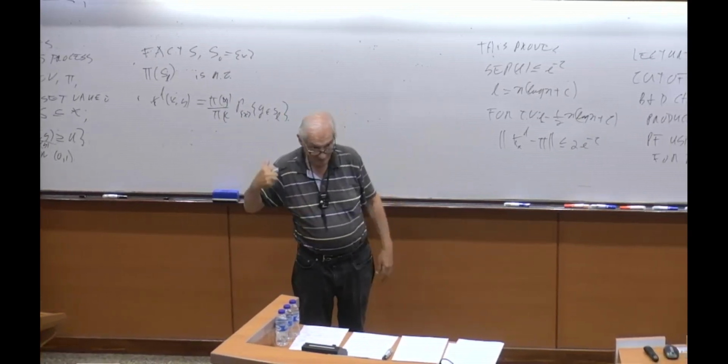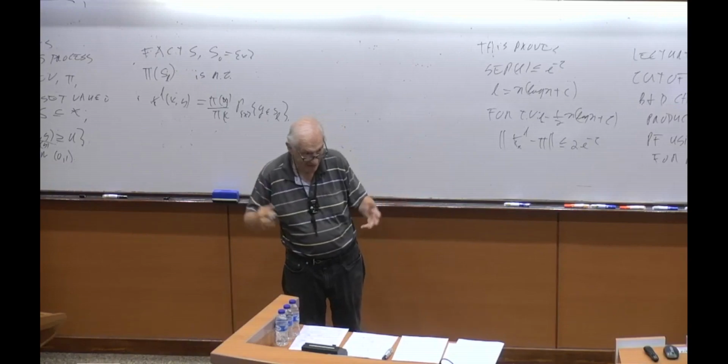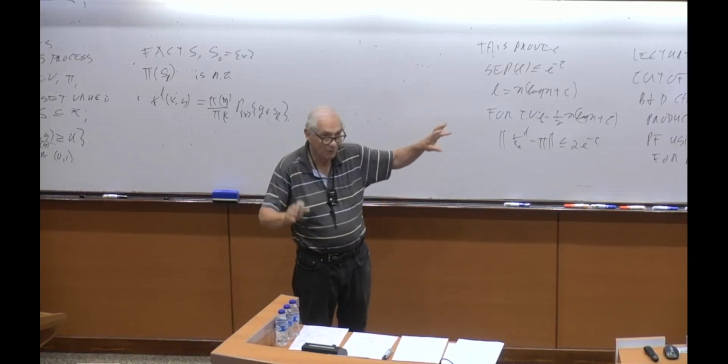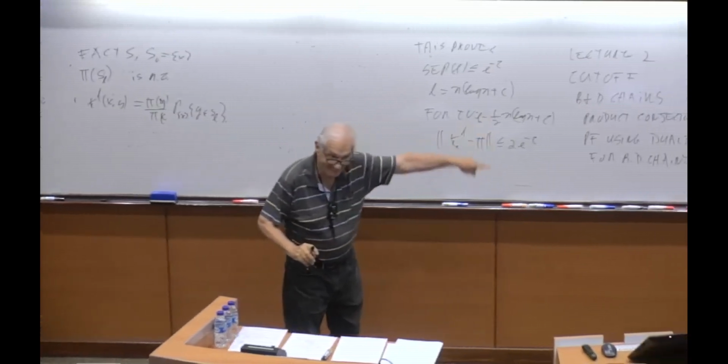I could do it to that construction, right? I could take the set valued dual, the set valued process, and I could take the original Markov chain and do that to them.